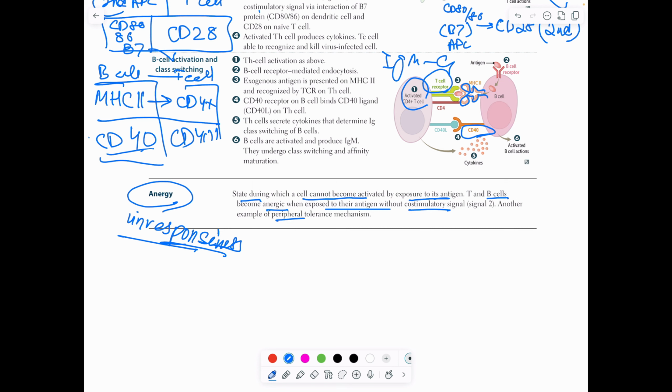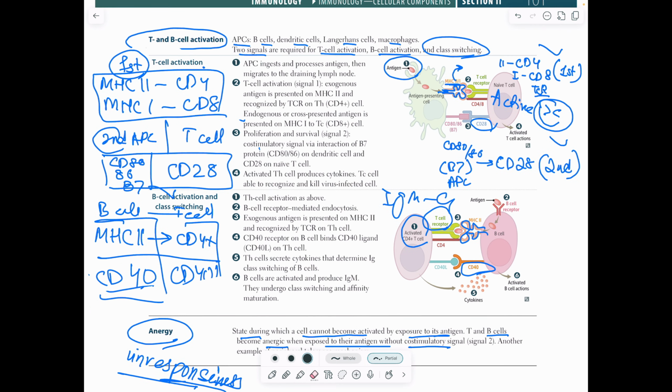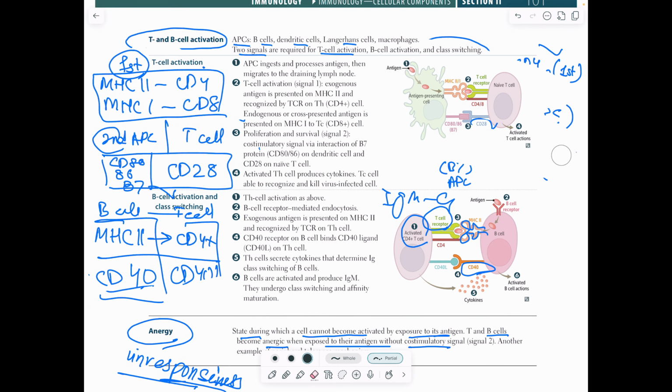Another example of a peripheral tolerance mechanism: sometimes both signals are not there, only one signal is there, as you already know. The first signal is just about the presenting of the antigen, and the second signal is about B7 with CD28.